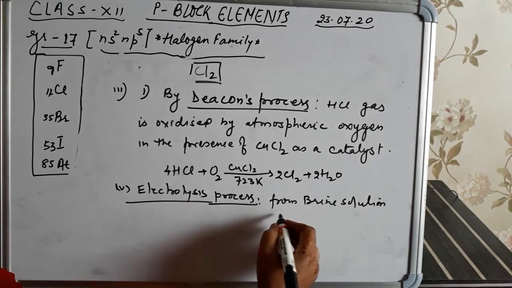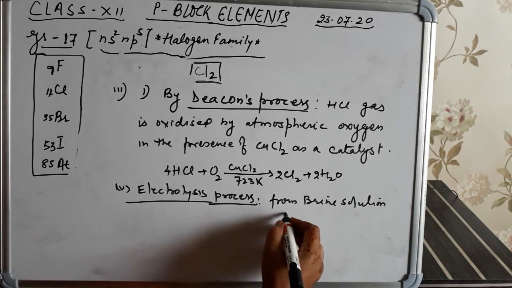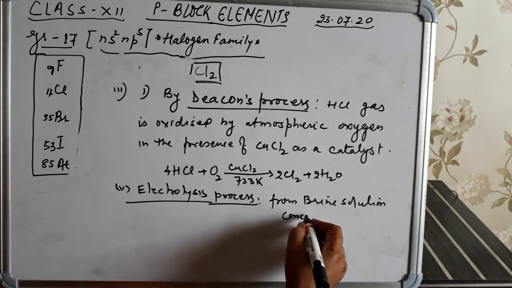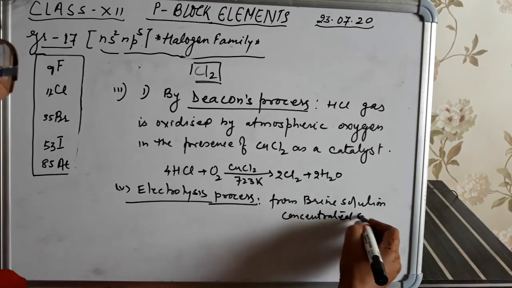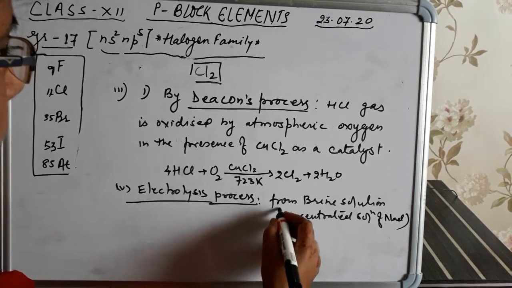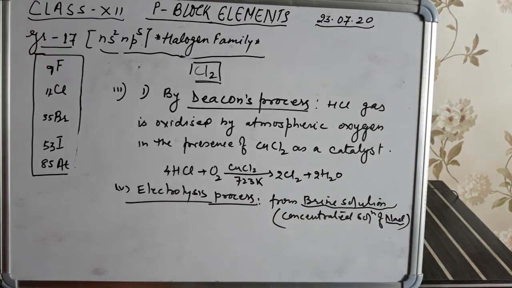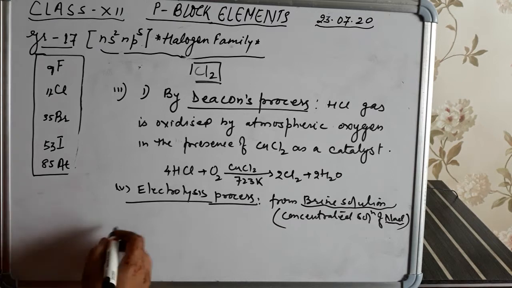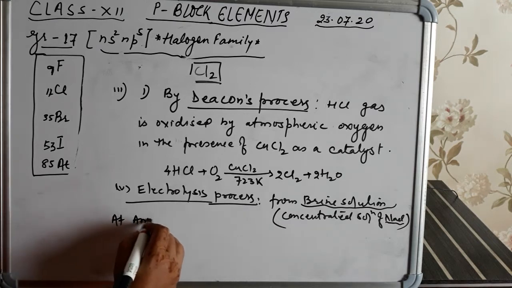It is saturated sodium chloride or concentrated solution of sodium chloride. We can say that a concentrated solution of NaCl is known as brine solution. Everybody should have an idea about this.